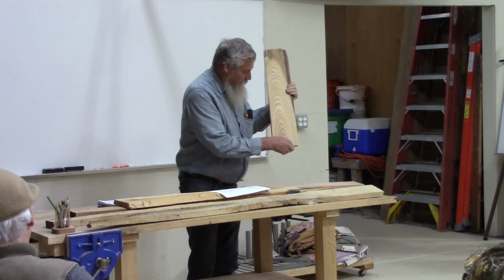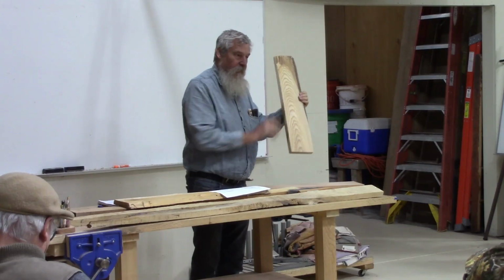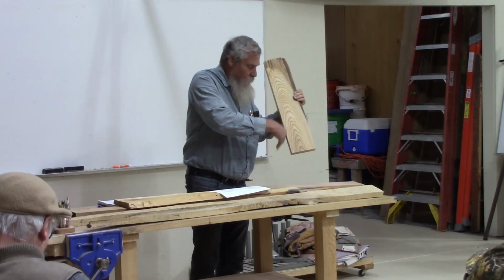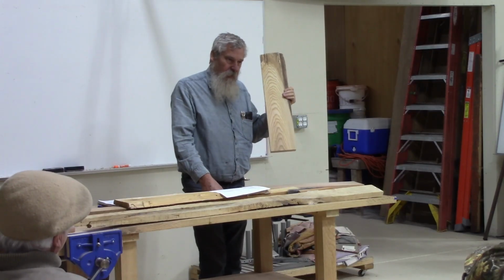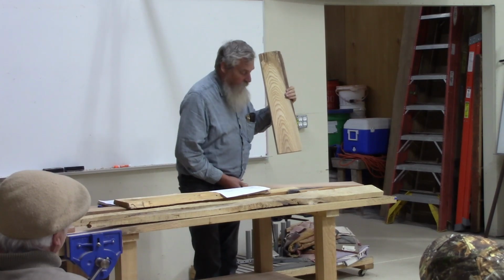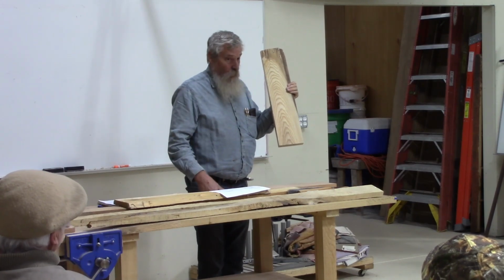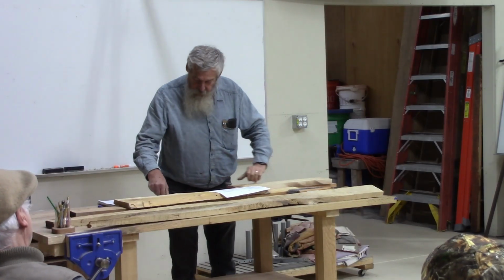But if I've got these cathedrals going on, and I glue one on the front, then you'll see those grain lines in there. So thinking about your project and what you really want helps you select the grain orientation.